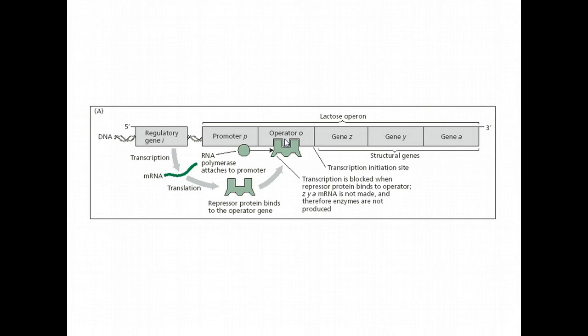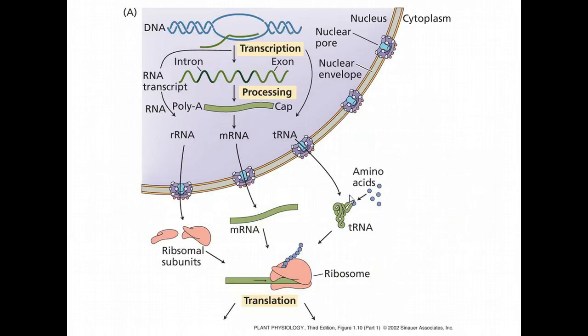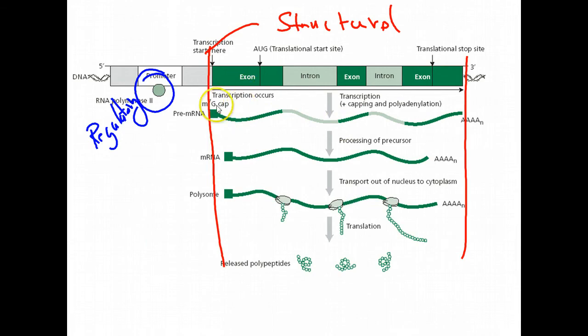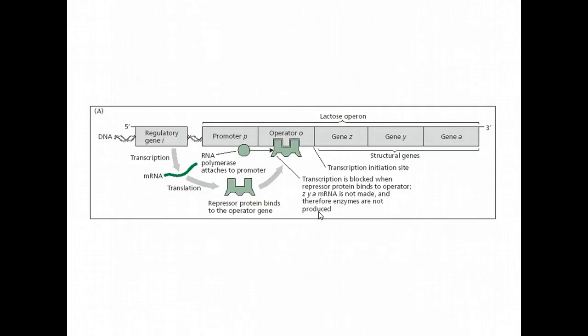So you have regulatory genes and you have structural genes. And these three structural genes, so if we go back, these are structural genes. These genes become enzymes. Genes Z, Y, and A are needed to actually break down lactose. Okay?